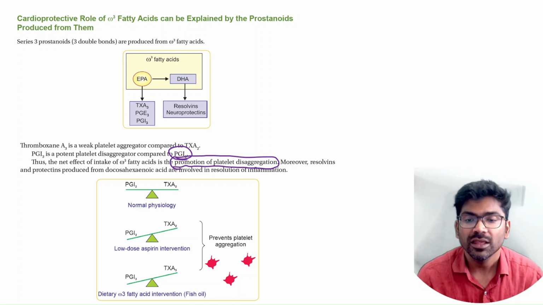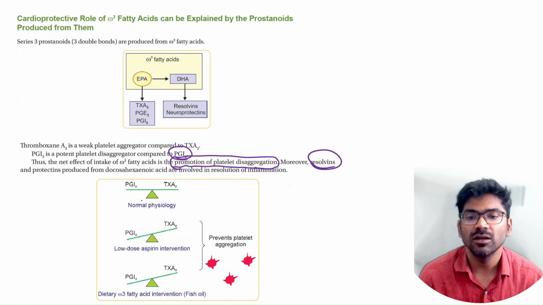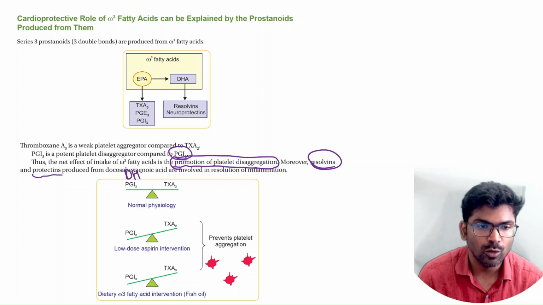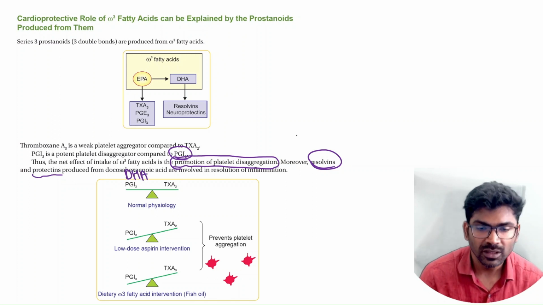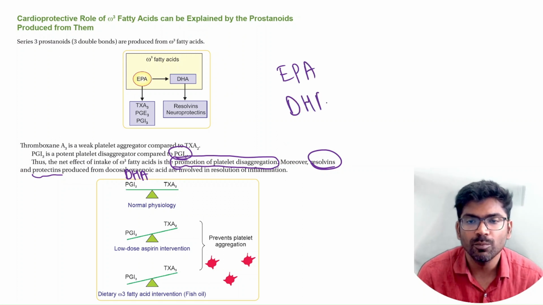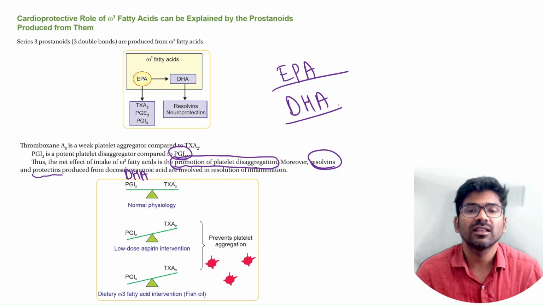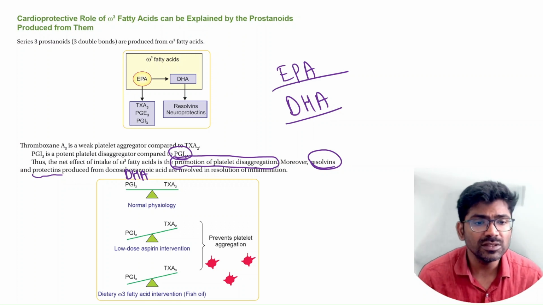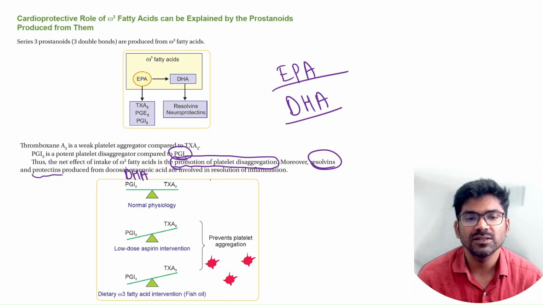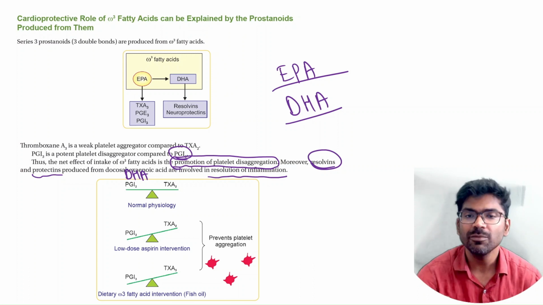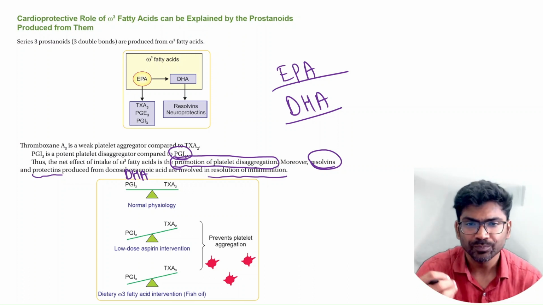In addition to that, there are something called resolvins and protectins. They are produced from DHA, docosahexaenoic acid, right? So EPA and DHA are the two important omega-3 fatty acids that confer cardioprotective effect. These resolvins and protectins are involved in the resolution of inflammation, right? The inflammatory state also leads to coronary artery disease.